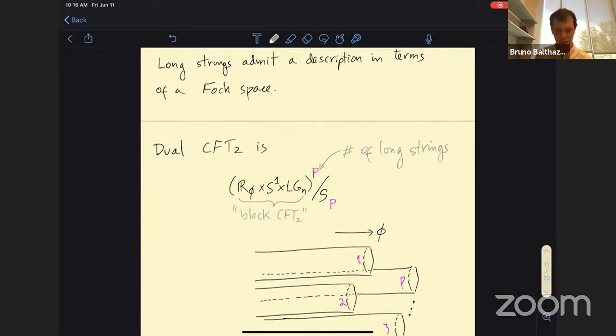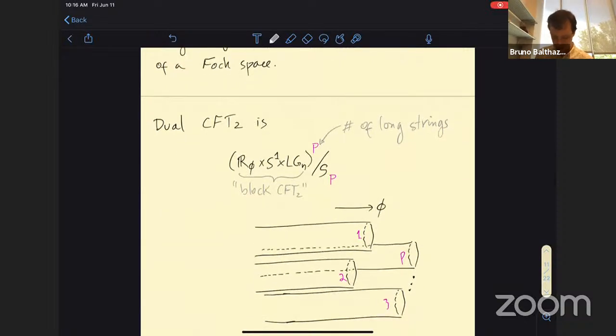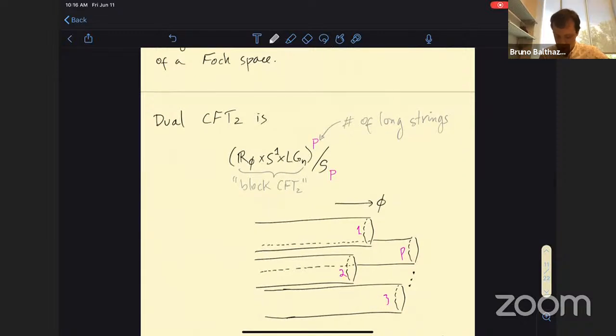And the parameter P is the number of long strings. Once you take the orbifold with SP, you introduce some twisted sectors, which are related to the cycles of the symmetry group of length P. And depending on the length of the cycle, this corresponds to a given long string wrapping the boundary of ADS3.